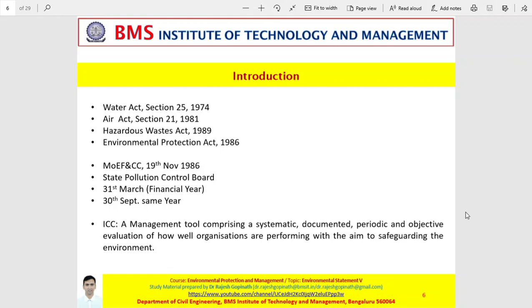Which means an industry has to undertake documentation, and let us say the documentation is for the period of 1st April 2018 to 31st March 2019. Then this document must be submitted to the State Pollution Control Board well before 30th September of 2019.